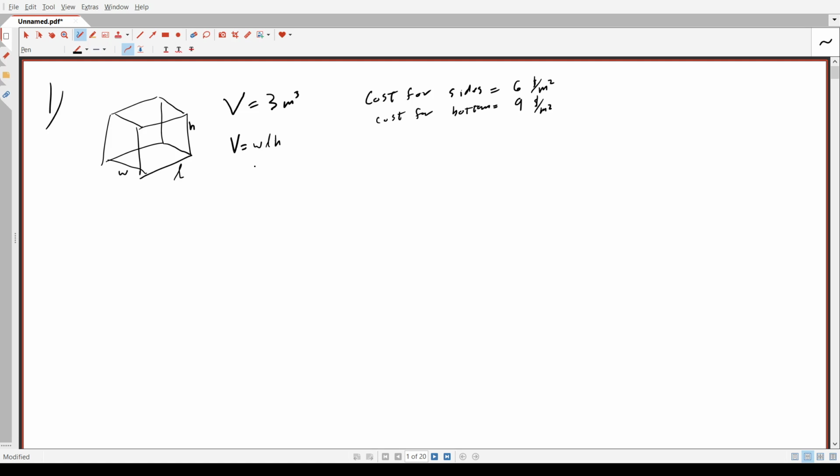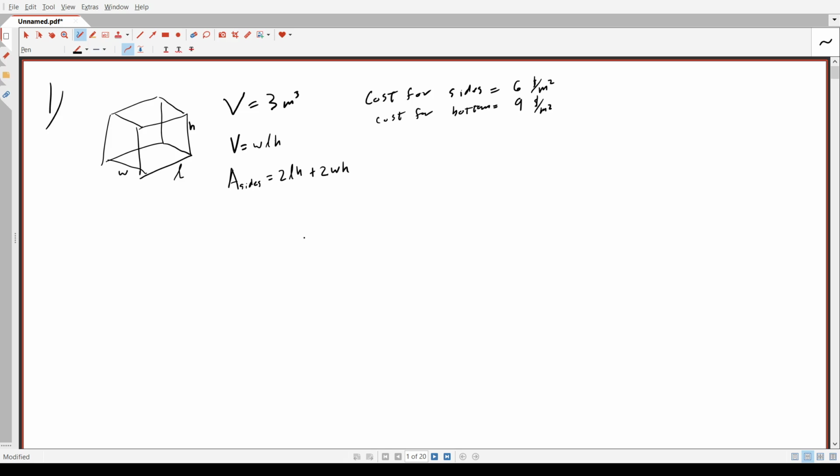And then what is the area of all of the sides? So, area of the sides, that's going to be, so we have the length times height side, we have 2 of those, plus 2 of these ones where we have the width as the base and the height as that, like this.